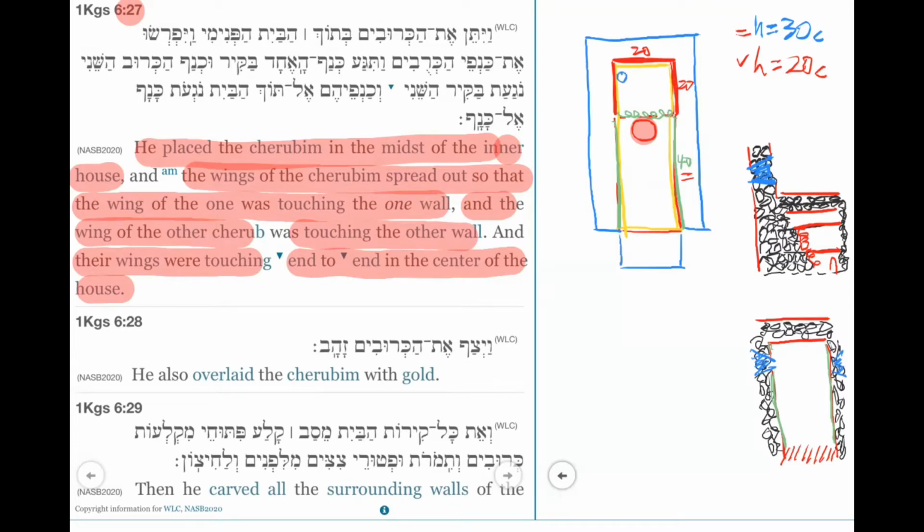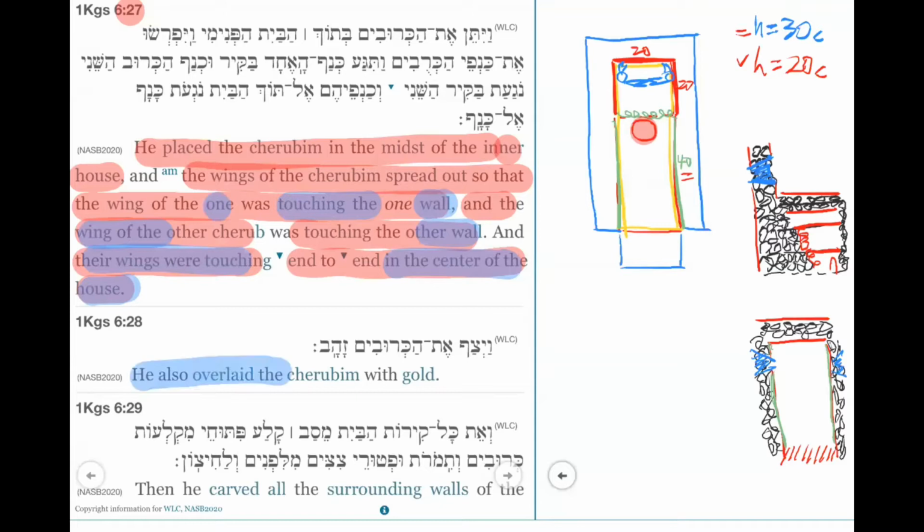The cherub would both be here, one wing this side, and the other wing this side, right? And it's standing in the side, but the wings are touching each other. So we have wing of one was touching wall, the other wing was touching the other wall, right here, right? And then their wings were touching in the center of the house, like this. So that would be my artist impression.